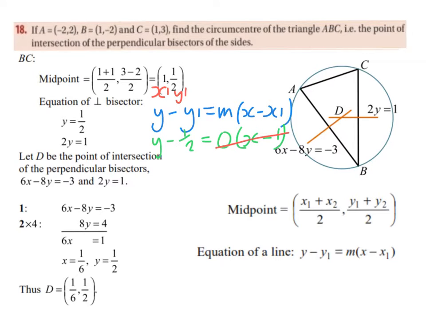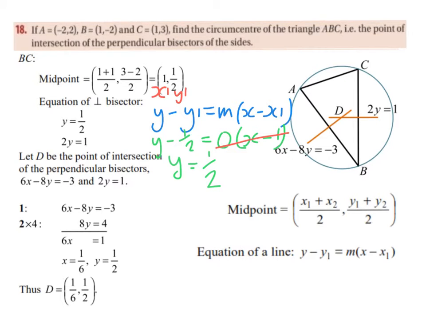So we have y minus a half equals 0, so therefore y is equal to a half. So the equation of the line is y is equal to a half. This is the equation of this orange line here, the perpendicular bisector of BC.